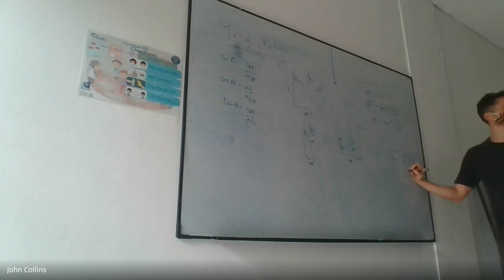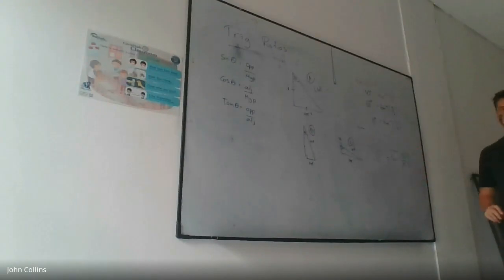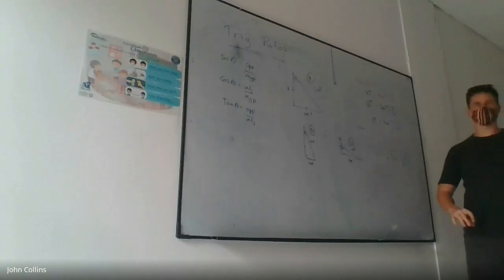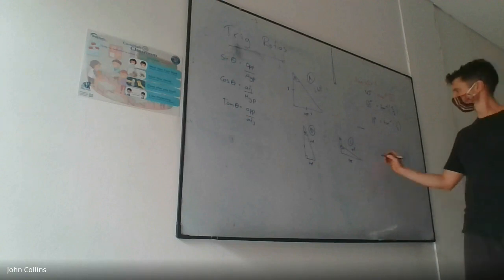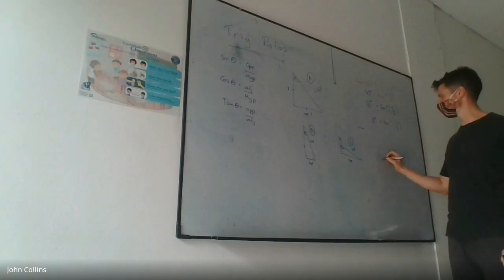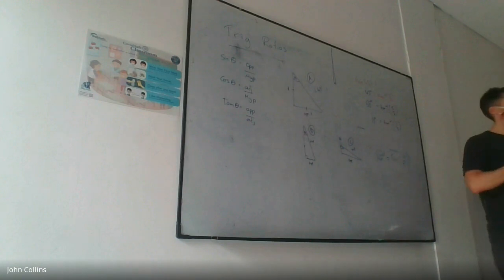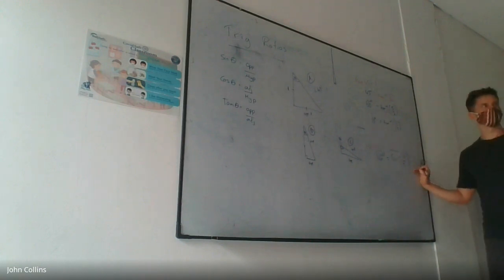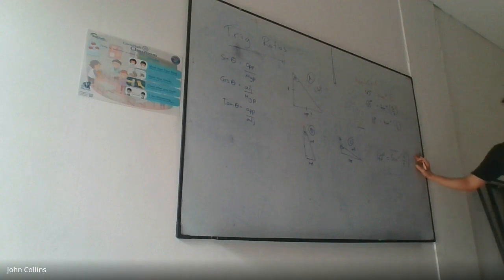All right, do sine inverse of 6 divided by 9. What kind of angle is that? 41.8, so about 42 degrees. 6 over 9 is not big enough.